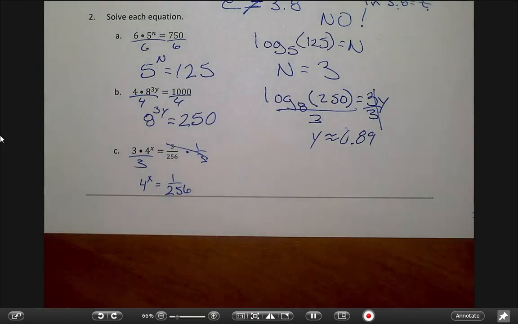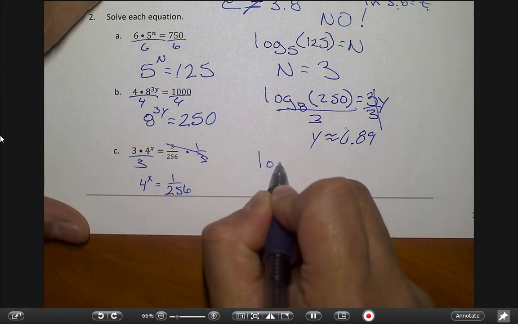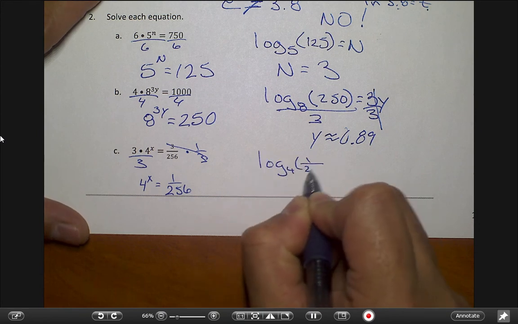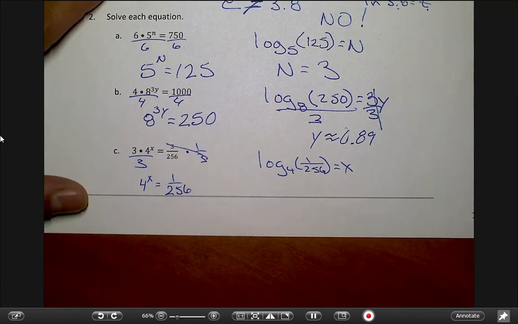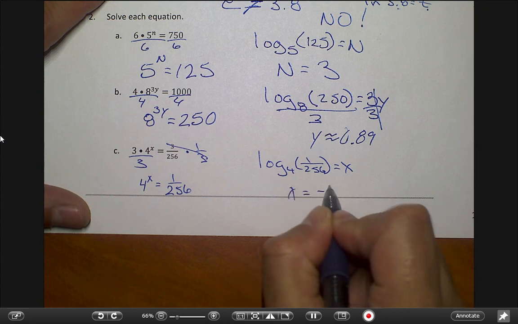All right, so now we're going to log both sides. Log base 4 of 1 over 256 is equal to x. Okay, and so we should get x is equal to negative 4.